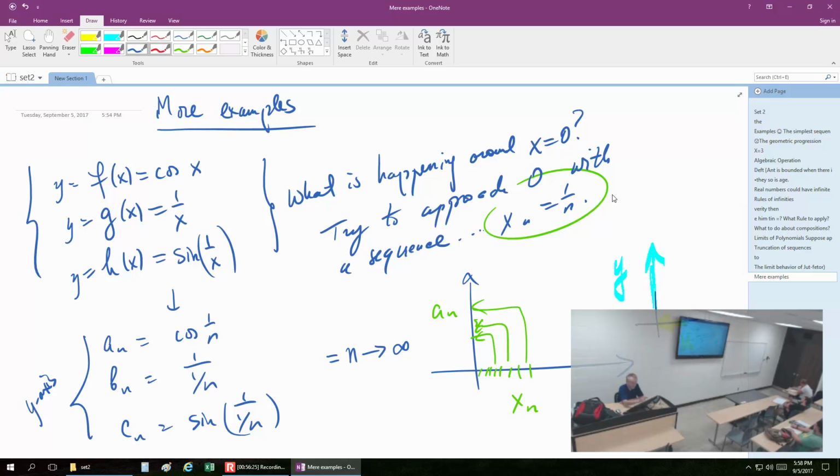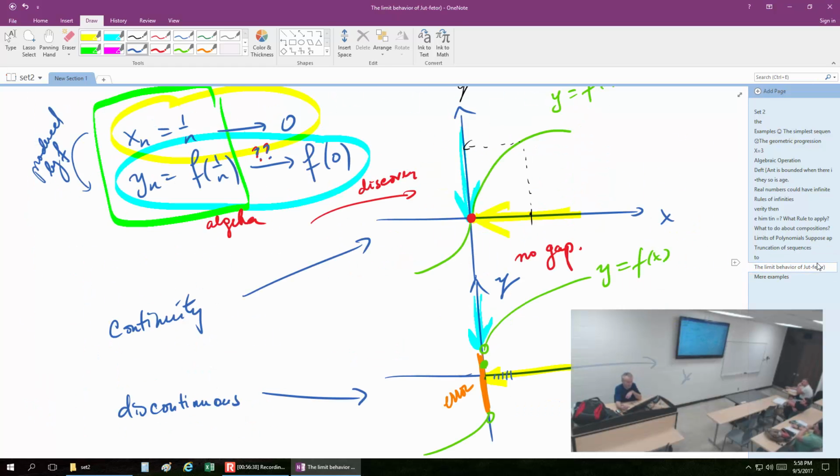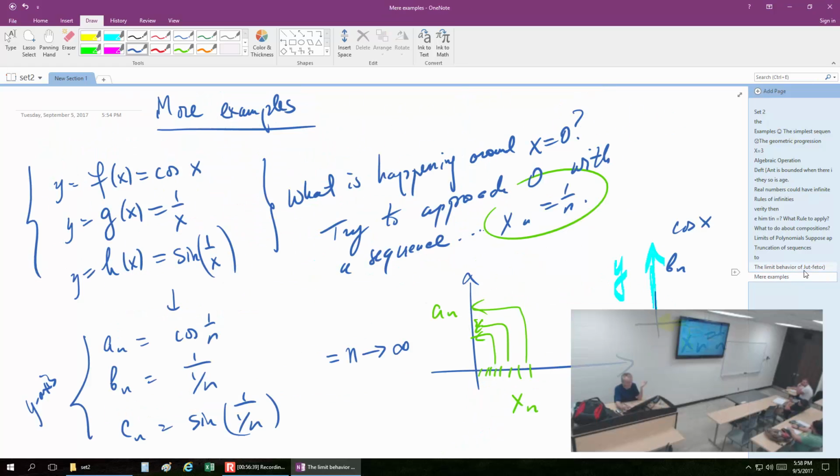Here I'm talking about the function cosine x. This is the sequence of bn's, and this is the sequence of xn's over here, 1 over n. It goes towards 0. In the meantime, it is nothing like what we just saw in either case. In fact, the yn's or bn's go to infinity. So that tells you roughly what the graph of this function looks like.